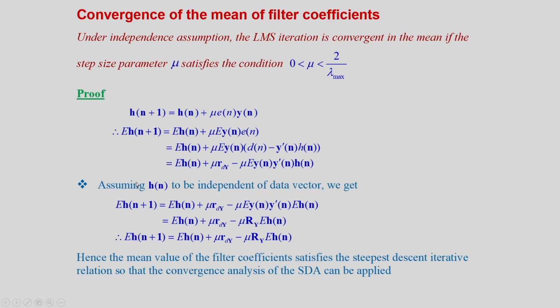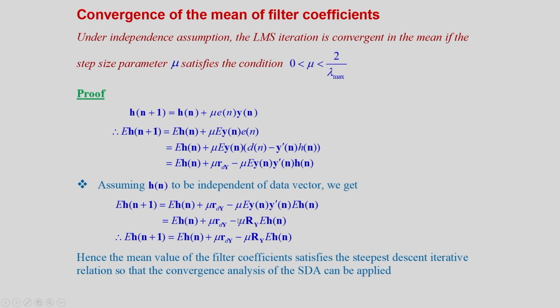Now, we will make the independence assumption. Assuming Hn to be independent of the data vector, we get E of H of n plus 1 is equal to E of Hn plus mu into R dy. Now, this entire expectation is a product of two expectations, that is mu times E of Yn transpose into E of Hn.